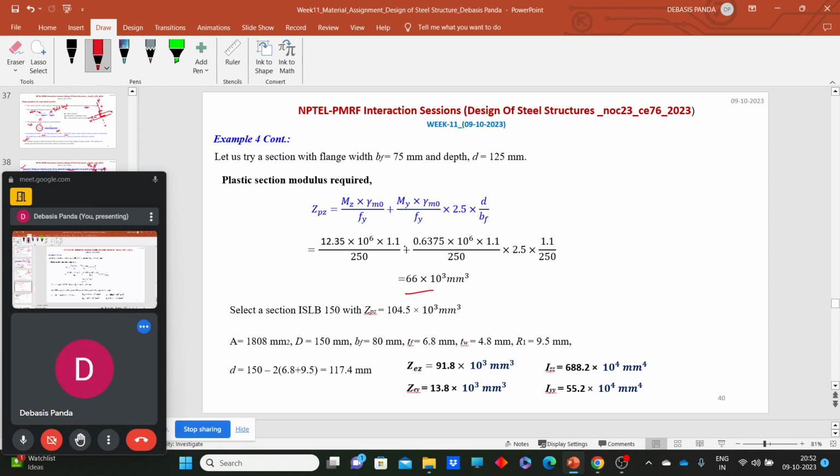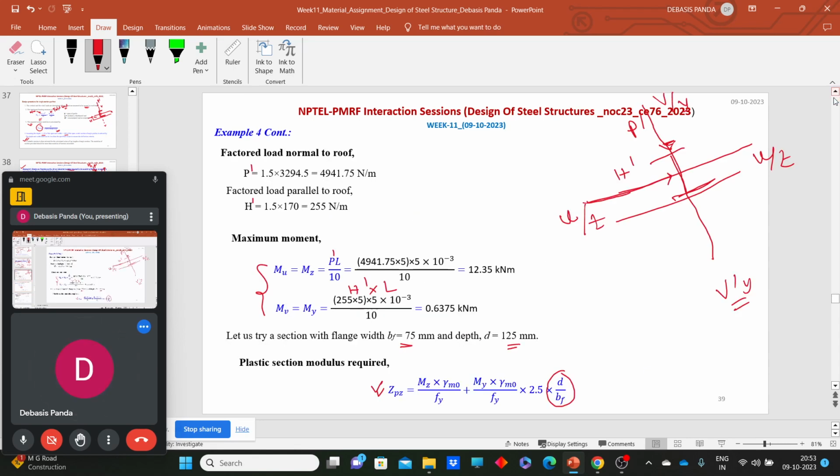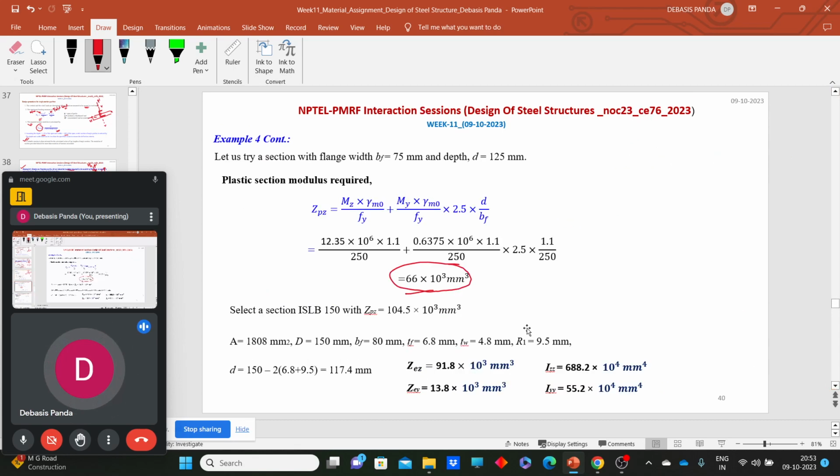Now let's go to SP6 and check a section whose plastic modulus is more than this, and the flange width we have considered is 75 mm, so look for a bf near about 75 mm whose plastic modulus is more than this.